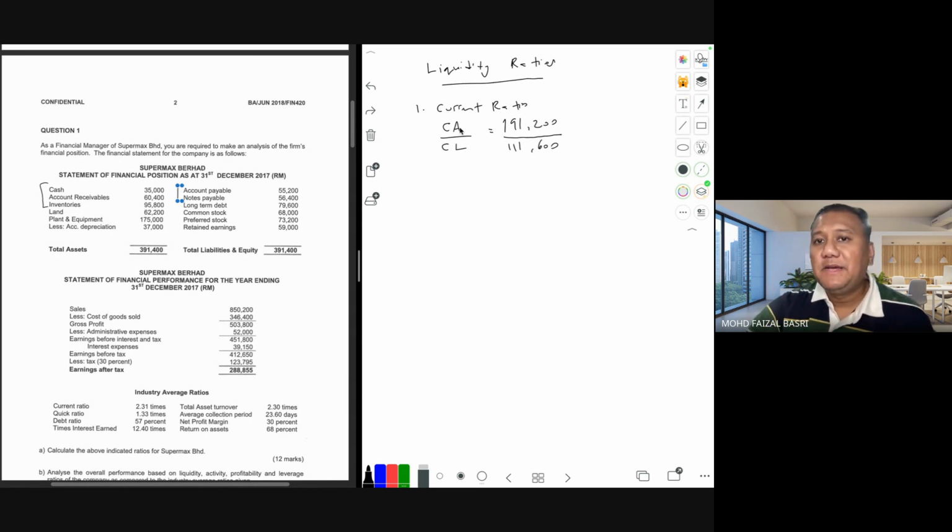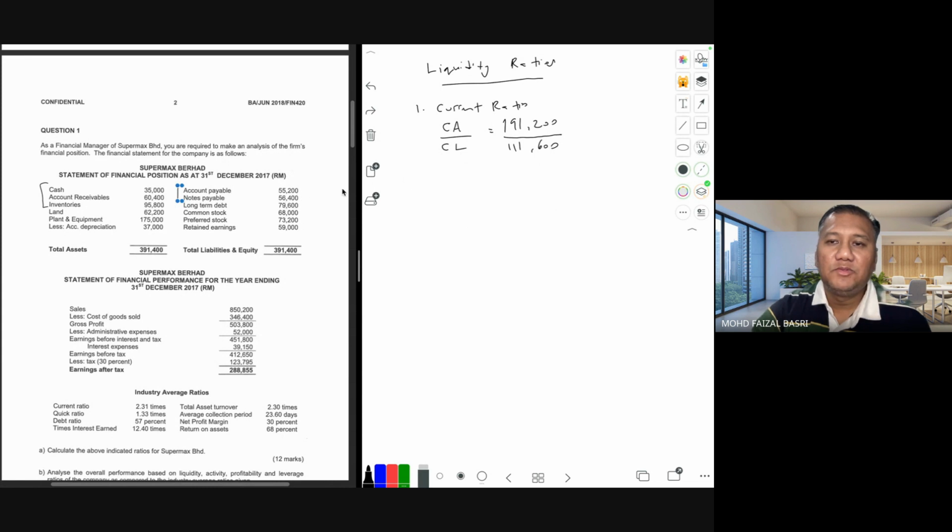Okay, I recap mana dapat current asset ni. Total dia 191,200 ni is based on the sum of the first three. Okay, 35,000 plus 60,400 plus 95,800. Okay, itu adalah total untuk current assets, the first three items. Okay, kita dapatlah 191,200. And for the current liabilities is based on the first two. Okay, 55,200 dengan 56,400.